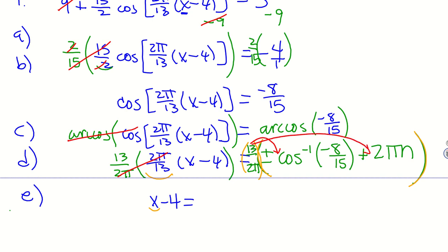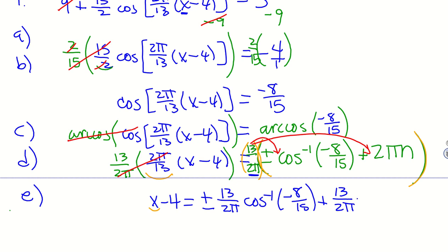So what I end up with is my plus and minus first, then I have my 13 over 2 pi times my inverse cosine of negative 8 over 15, plus, remember we distributed, I have my 13 over 2 pi again multiplied by my 2 pi n.